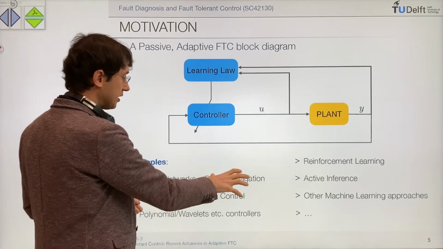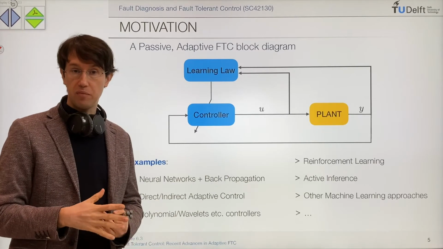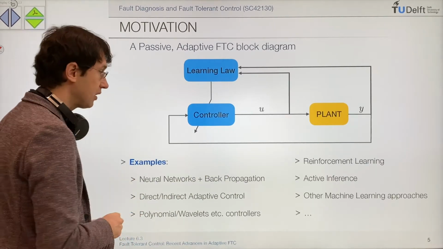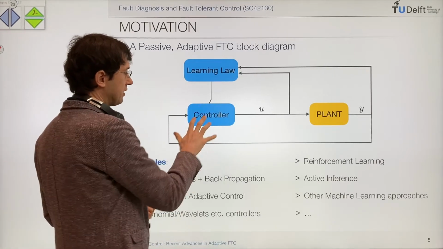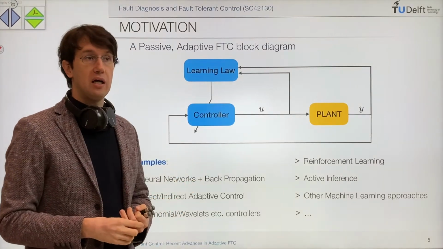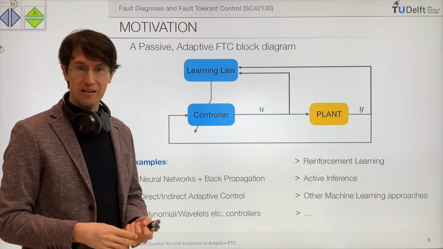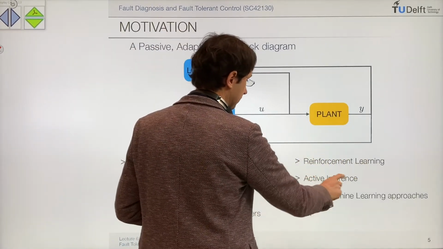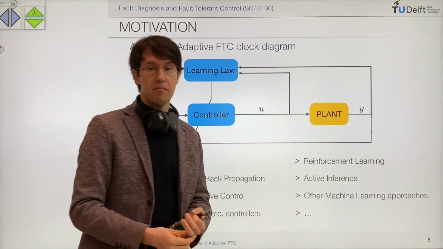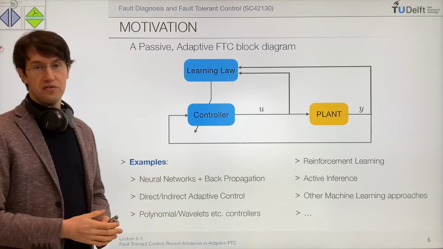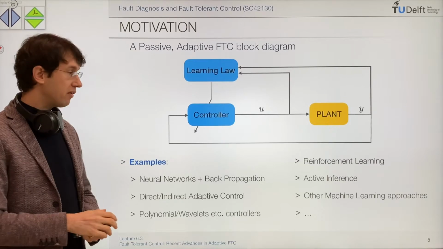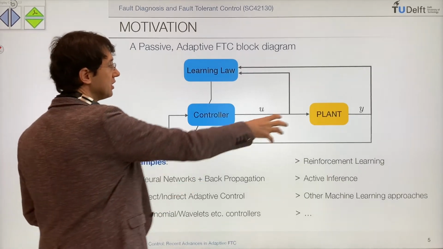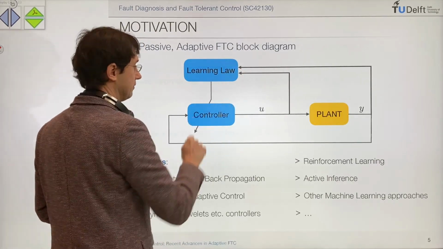And this is actually similar to what we have seen in lecture 5.4 for learning an unknown fault. Or you can also use other kind of more, let's say, modern machine learning approaches like reinforcement learning, active inference, and you name it. You have a lot of choices, and the common ground in these approaches is that they are continuously tuned online.